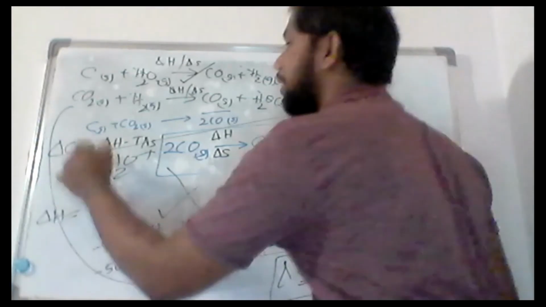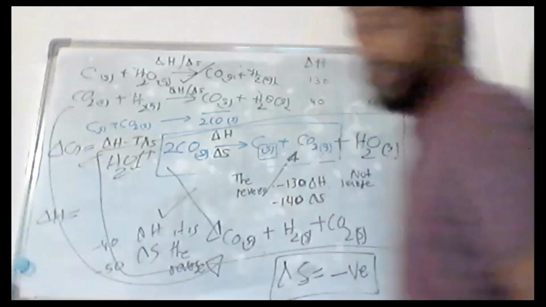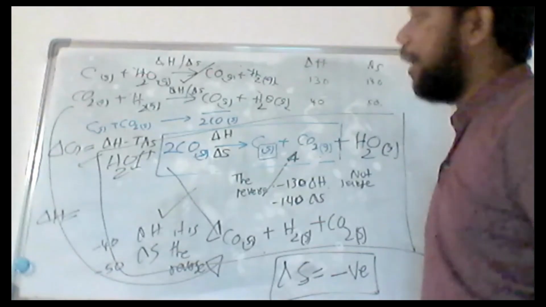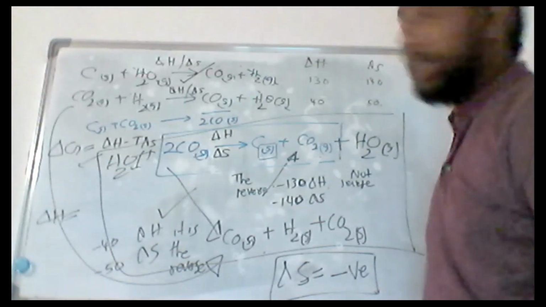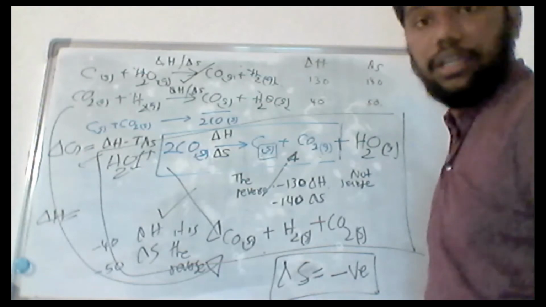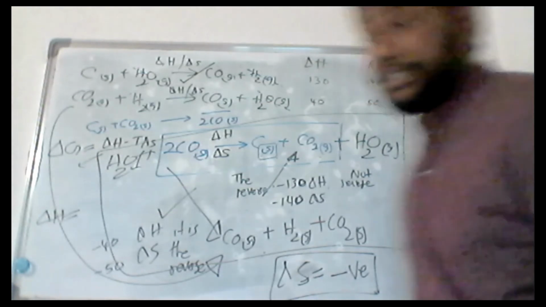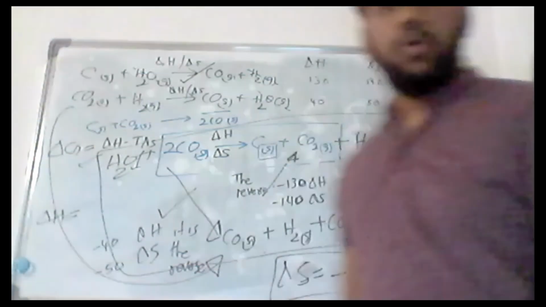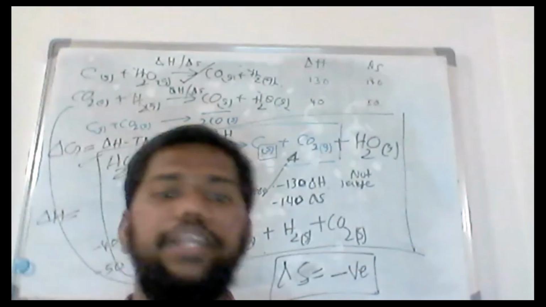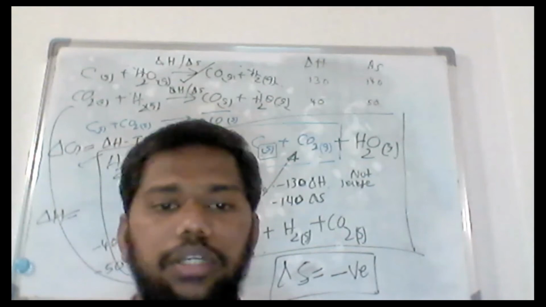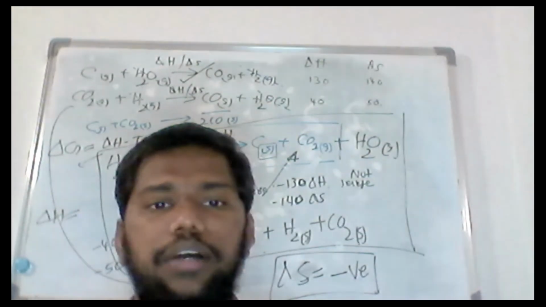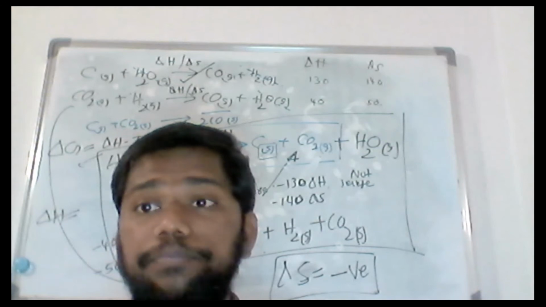So you can put the delta H and delta S values for this particular reaction, and you know the temperature. Then you can calculate delta G, and you can check whether this reaction is spontaneous or not. That is how you can do. So that is very simple. The second part of the question is very straightforward, that you can calculate.